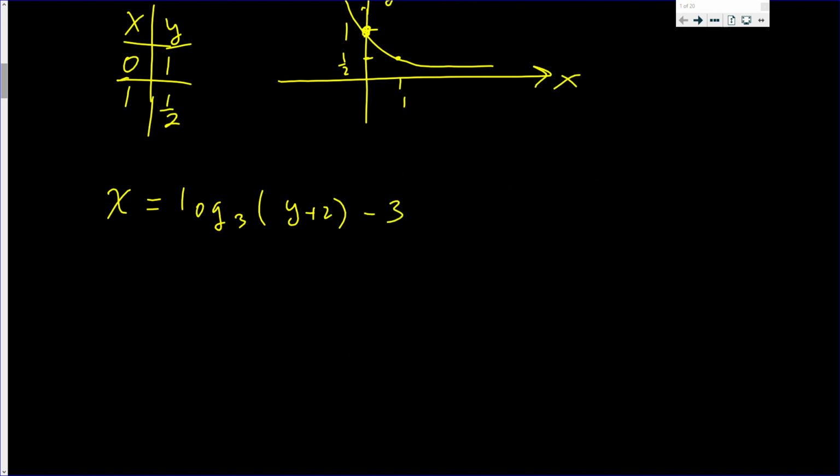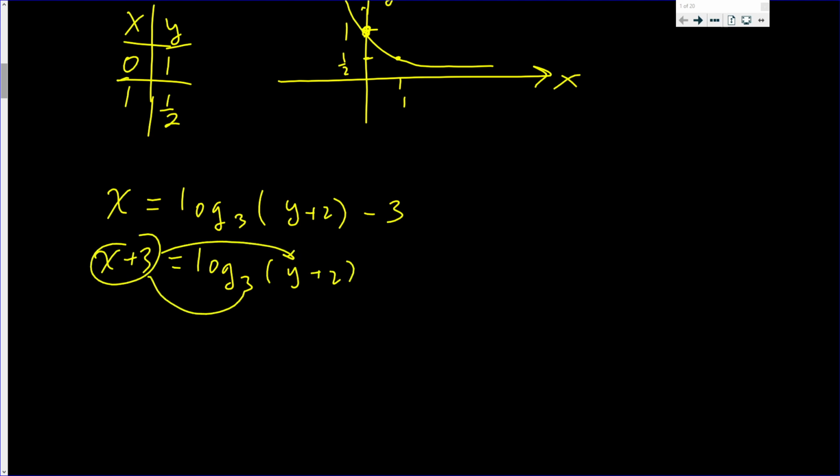Let's bring this 3 over to the other side. You'll see why. Because now I can say 3 to this is equal to y plus 2. 3 to the x plus 3 is equal to y plus 2.